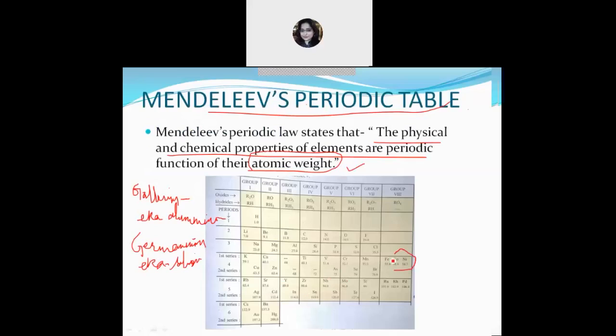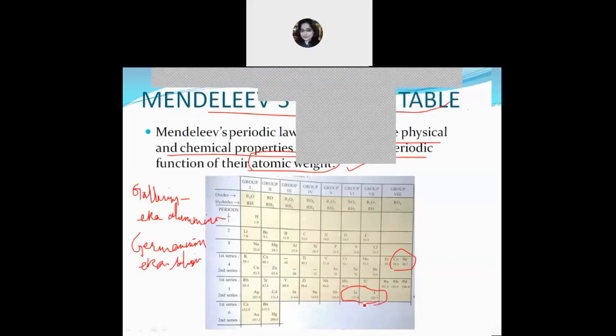Then another anomaly is this one. The atomic mass of tellurium is 127.6, but that of iodine is 126.9. So iodine has less atomic mass but has been placed just after tellurium, which has more atomic mass, but the reverse was expected.